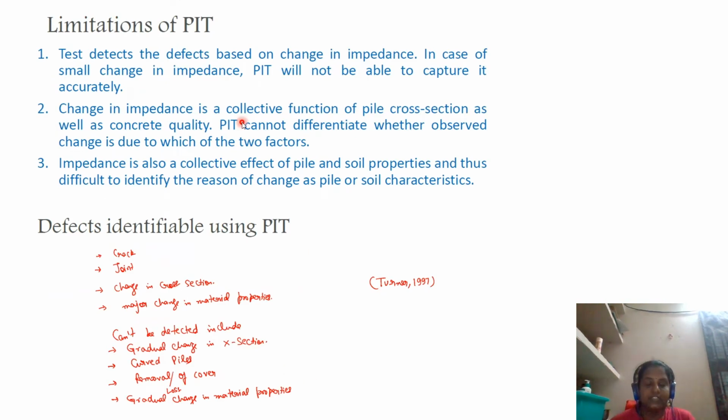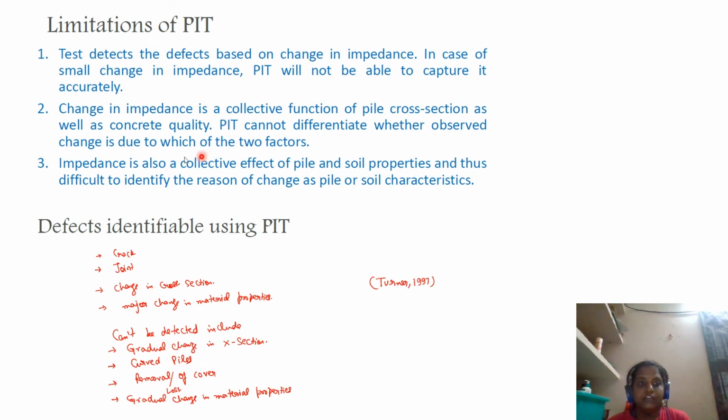Limitations, as I said initially itself, there are certain limitations with this pile integrity test. We cannot find if it is a curved pile. We cannot find if the cross section increases gradually or decreases gradually. The test detects the defects based on change in impedance, that is like a resistance. If there is smaller resistance offered because of any foreign material present in a very small amount, it will not be able to capture it.